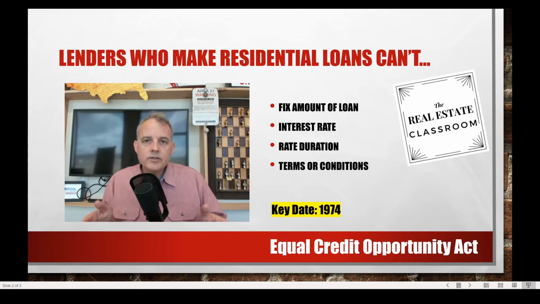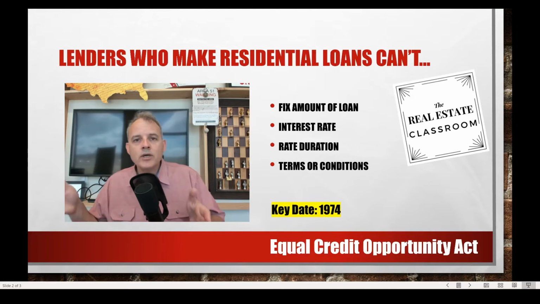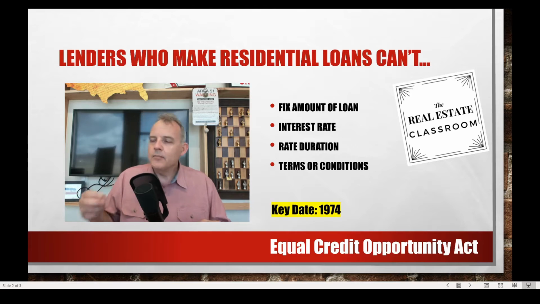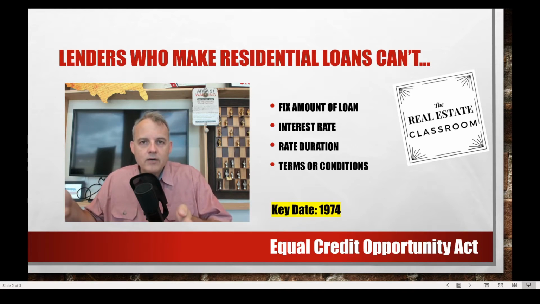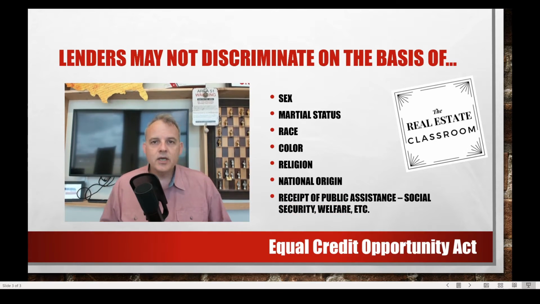And so the law has certain prohibitions depending on someone who's in a protected class. And most of you have probably had some type of fair housing training already from your pre-licensing classes or through your studies. And all this law does is say there's certain prohibitive conduct based on someone who's a member of these protected classes. Now, the protected classes that fall under the Equal Credit Opportunity Act are sex, marital status, race, color, religion, national origin, and the receipt of public assistance.